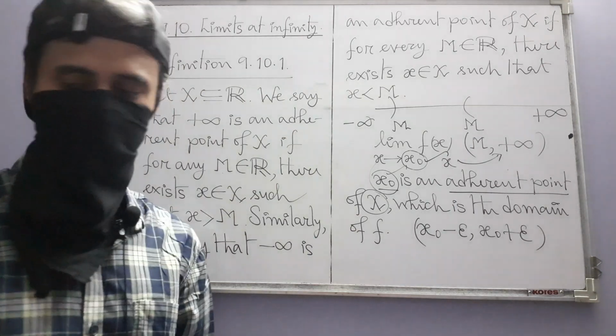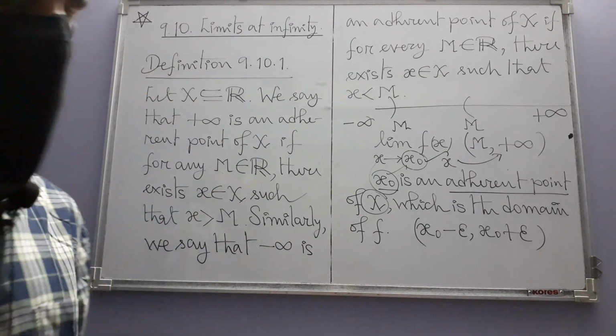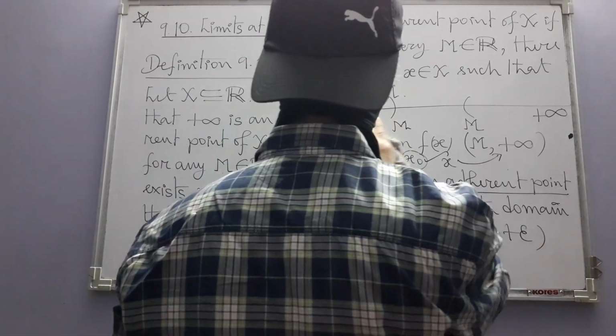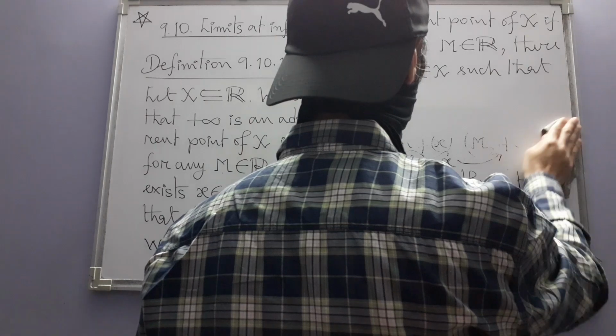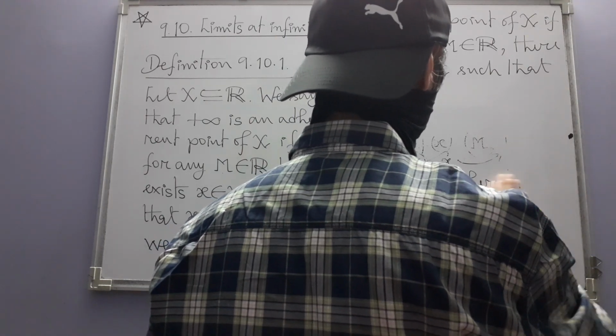Okay, so this is the definition of plus and minus infinity being adherent points of a set X of real numbers.